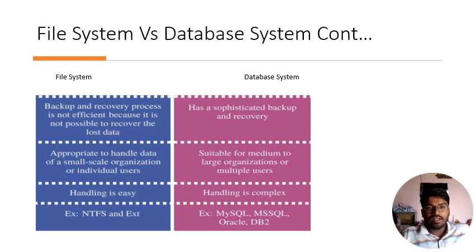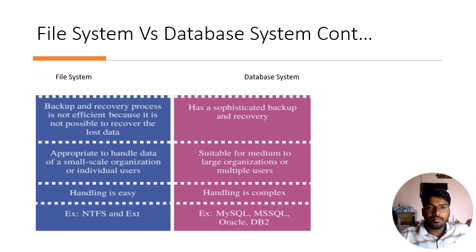Database system is suitable for medium to large organizations or multiple users. Handling is easy in file system and complex in database system. Examples for file system are NTFS and EXT. Examples for database system are MySQL, DB2 and Oracle.